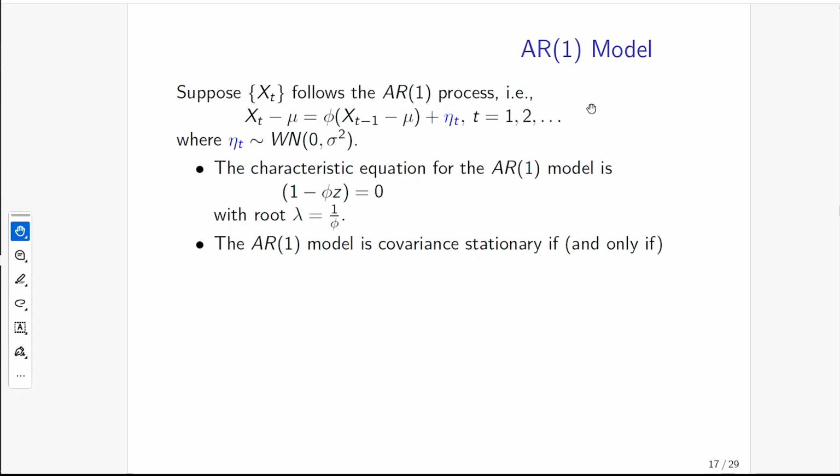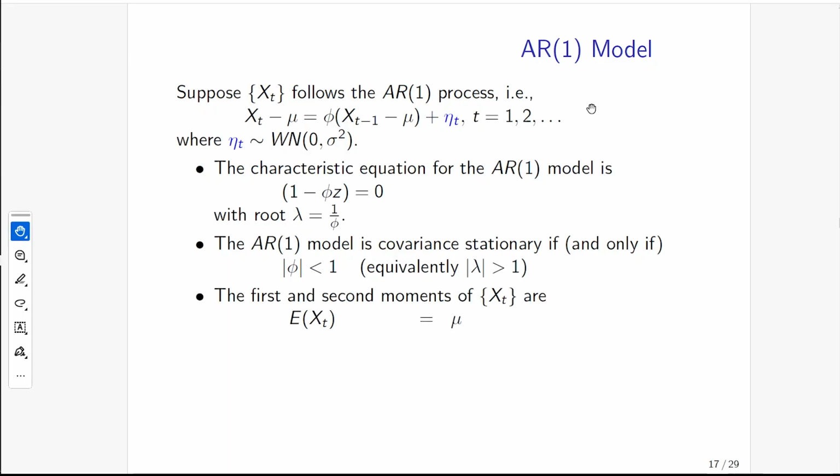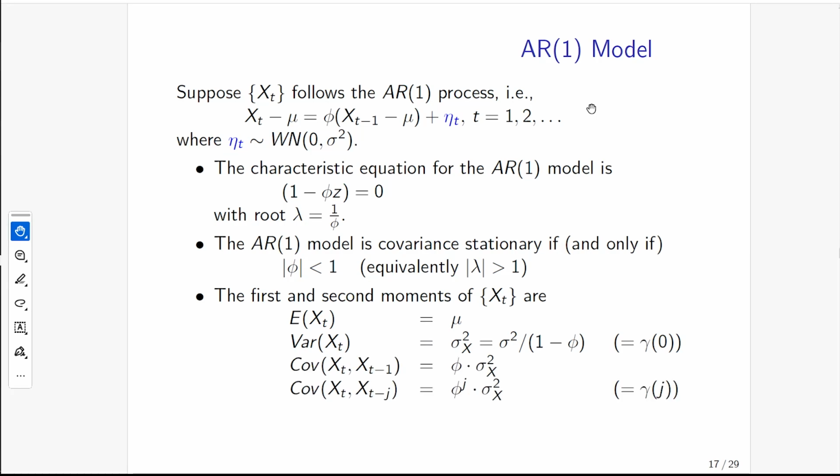And so the p equals 1 autoregressive model is going to be covariance stationary if and only if the magnitude of phi is smaller than 1, or equivalently, its inverse magnitude is greater than 1. And so we end up having these first and second moments and these covariances, which are very easy to compute. And this will probably be a homework exercise problem.